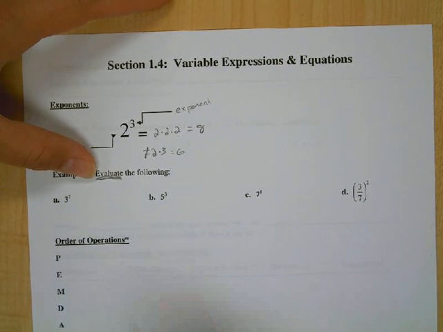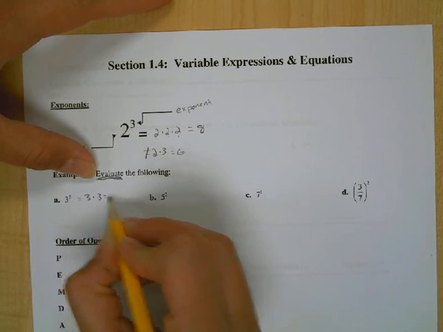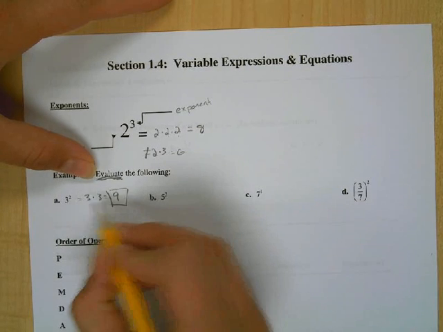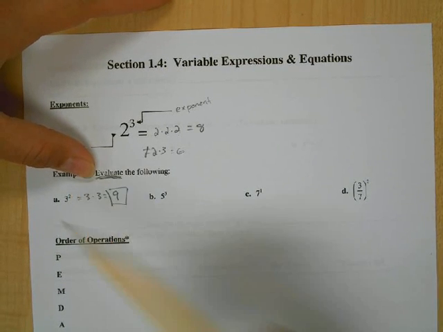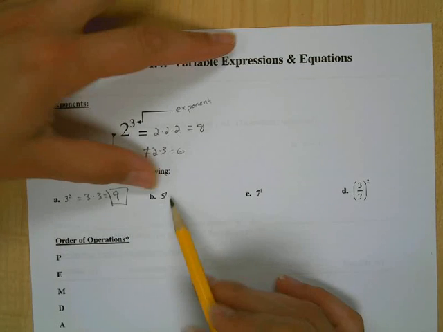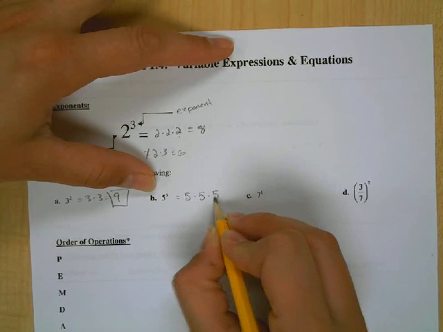They want to know what is 3 squared. Well, it just means 3 times 3, which is 9. So that's what it means to evaluate that value. Again, it's not solve because there's no x in there that we're trying to find. They just want to know what is that actually equal to. So 5 to the third power means 5 times 5 times 5, which is 125.